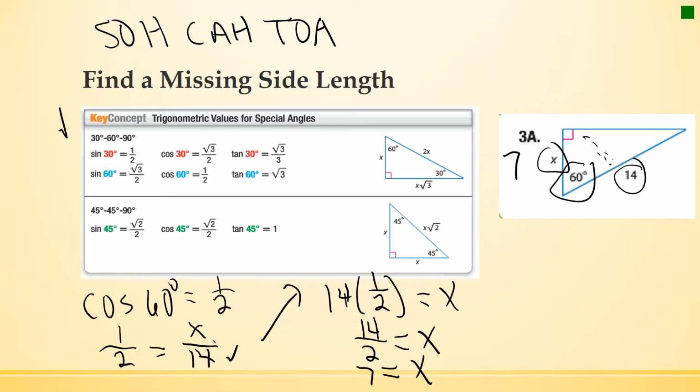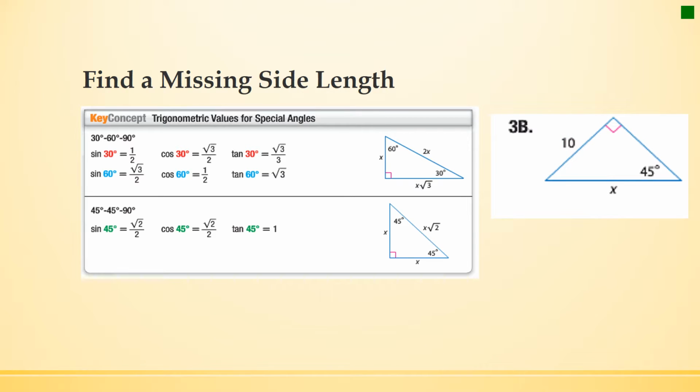All right, we're going to take a look at one more here in this set of exercises. Okay, so I've left this little chart here of these special angles, and again, you want to begin to start committing those to memory. But I'm asked to find the missing side, and I have a triangle here.